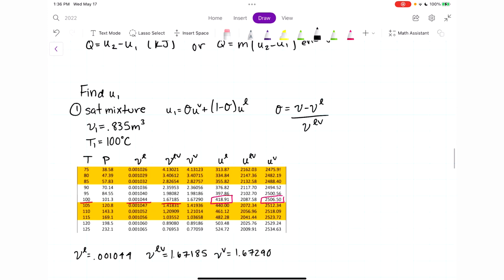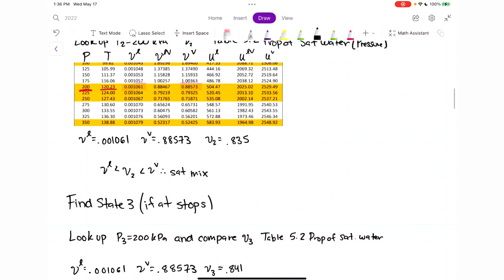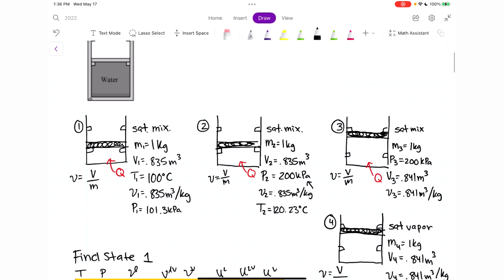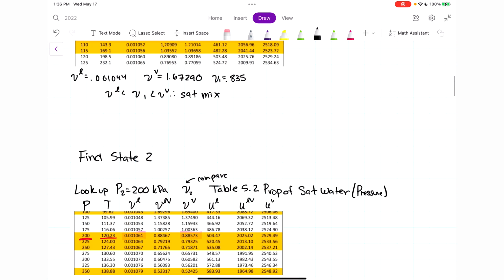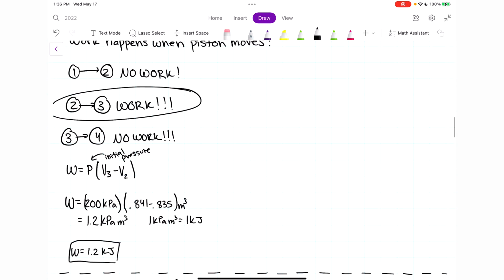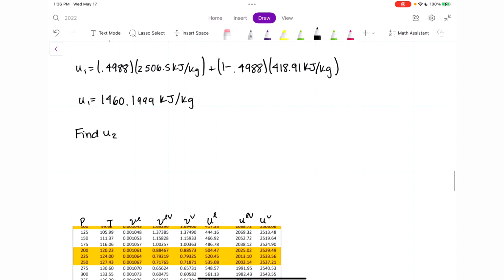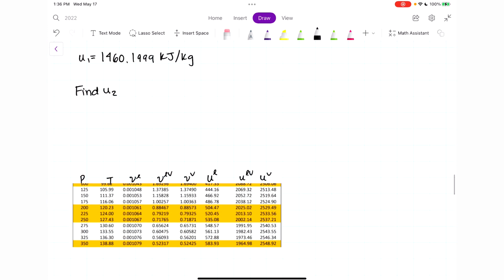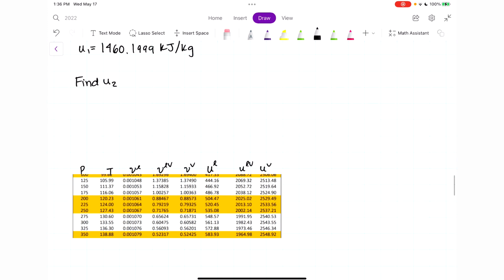In state 2, we see that it's a saturated mixture. So again, we're going to use our saturated liquid vapor mixture tables, whatever the name is in your textbook. So we know it's a saturated mixture, which means we're going to have to find quality.